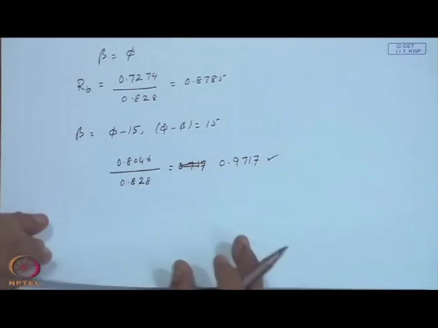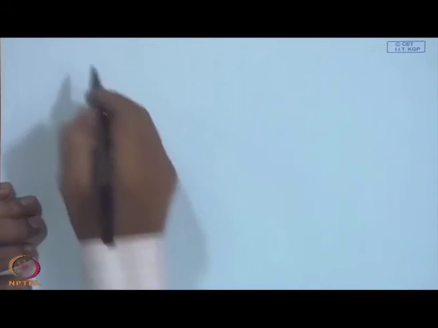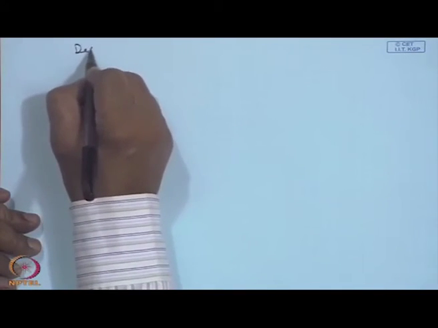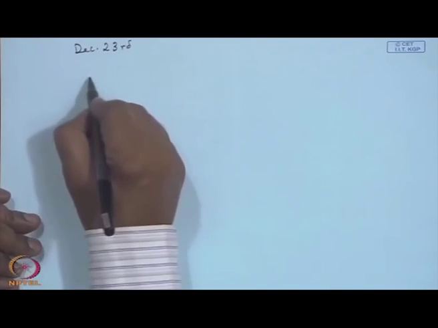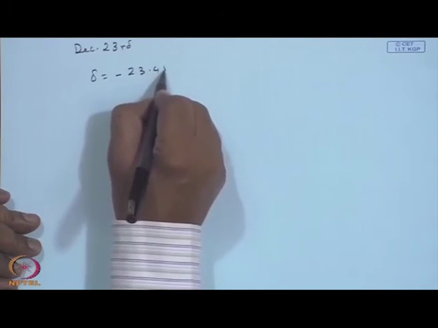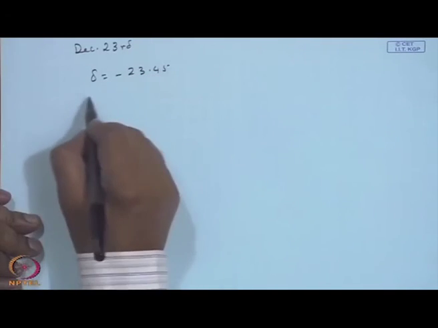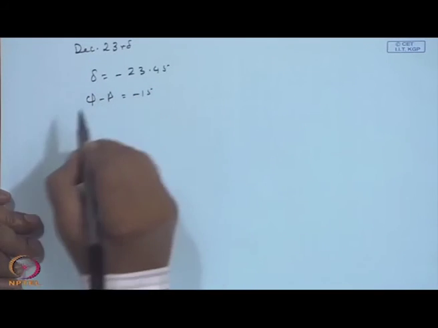And we go to December 23rd. Declination is minus 23.45 and with phi minus beta equal to minus 15.